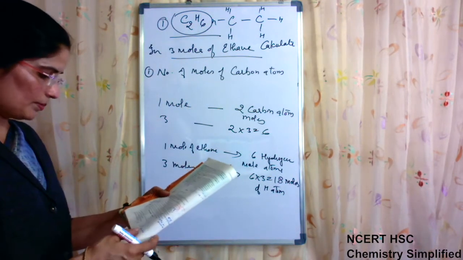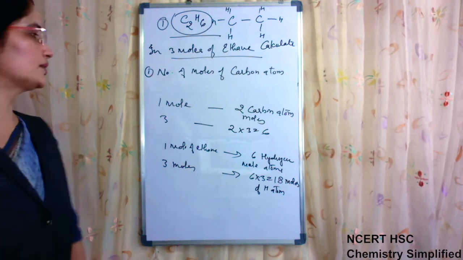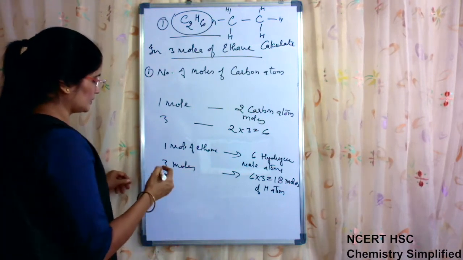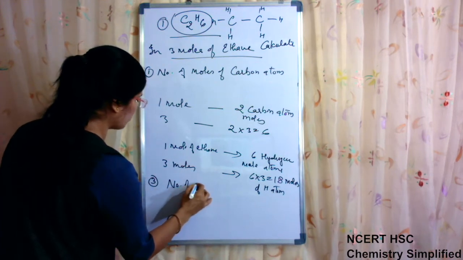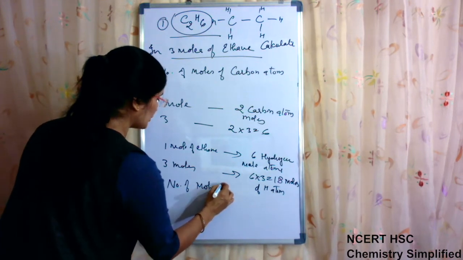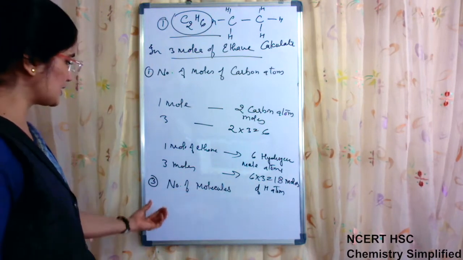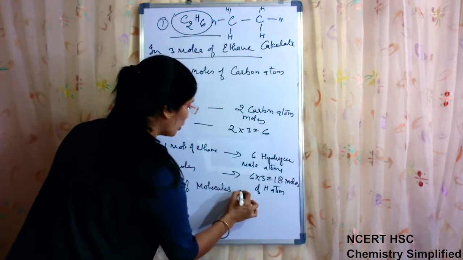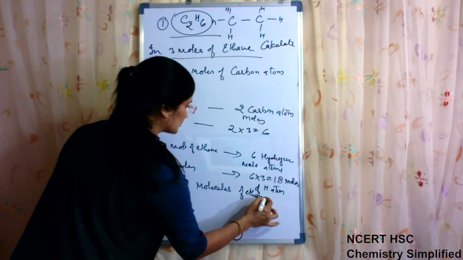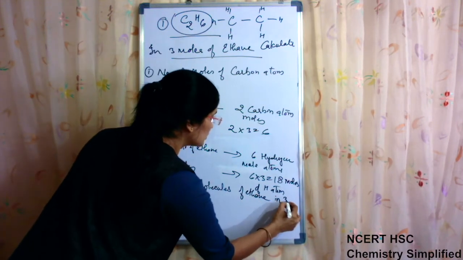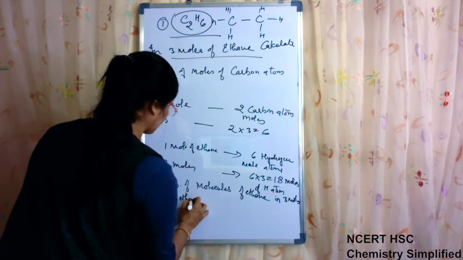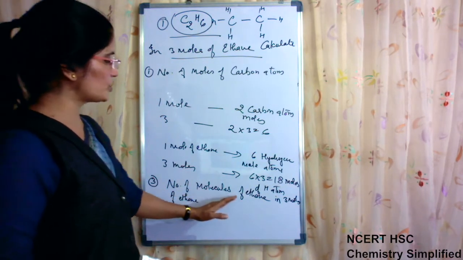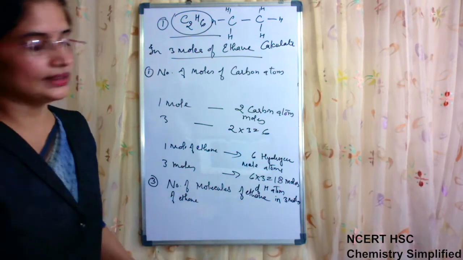Third part is the number of molecules of ethane. Now they are not asking about moles. They are asking the number of molecules of ethane in 3 moles of ethane.